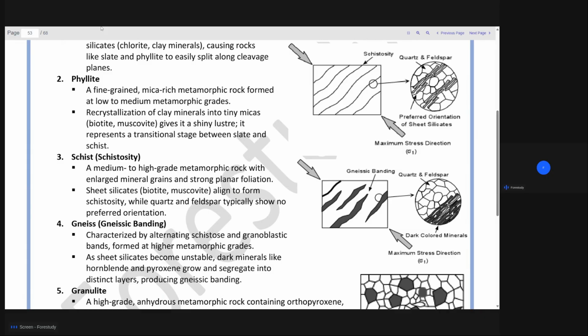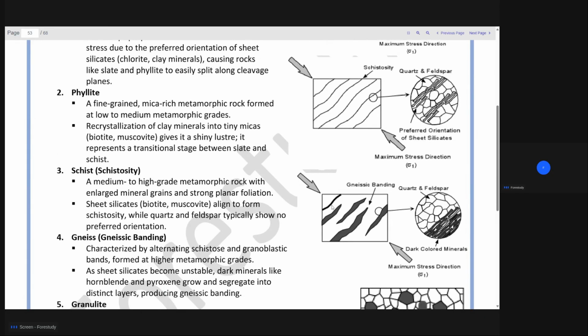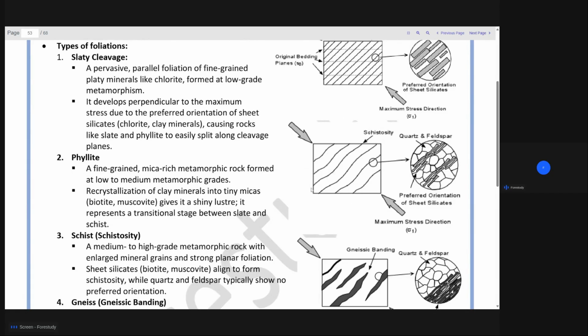So, how will this look? It will look like this. Here the schistosity is formed by planar minerals, whereas the non-planar minerals remain here. So quartz and feldspar will remain here, whereas the preferred orientation of sheet silicates will be like this.